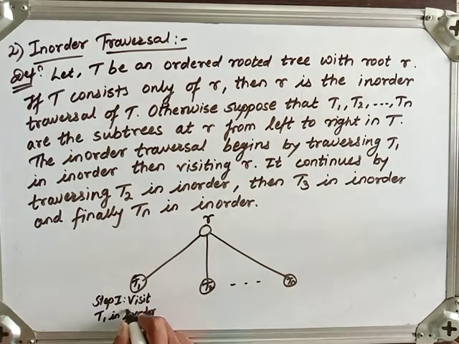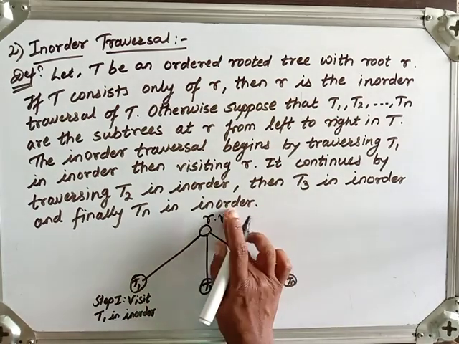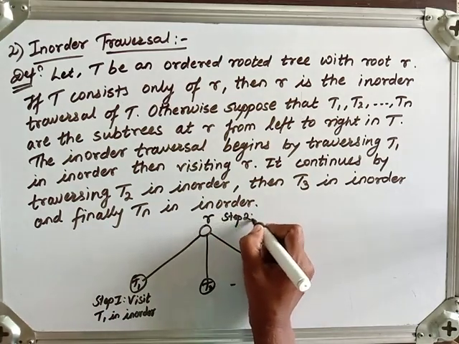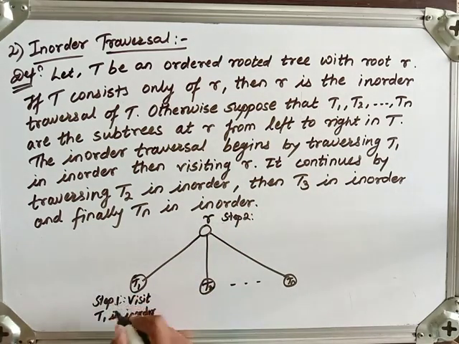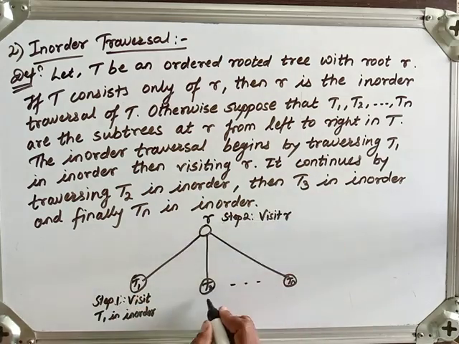After visiting T1 in order, we visit the root. So step 2 is: visit R. Then step 3 is to visit T2 in order.